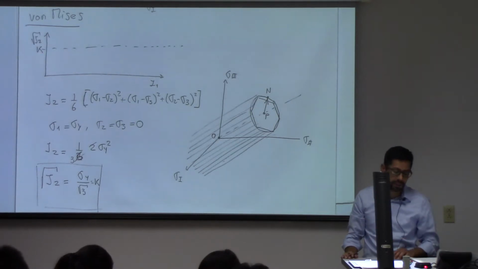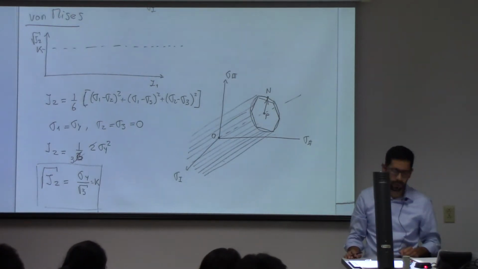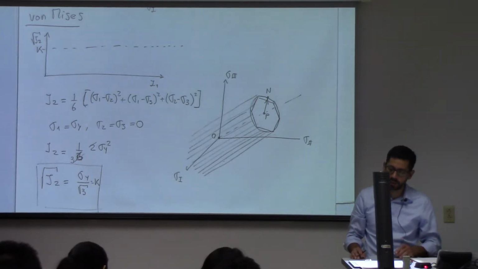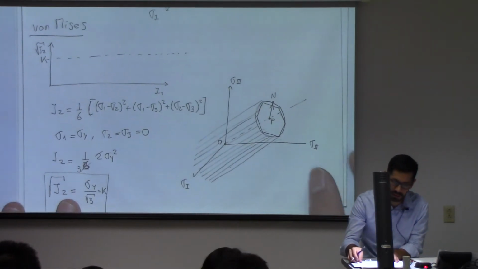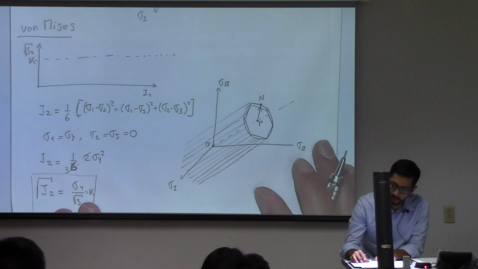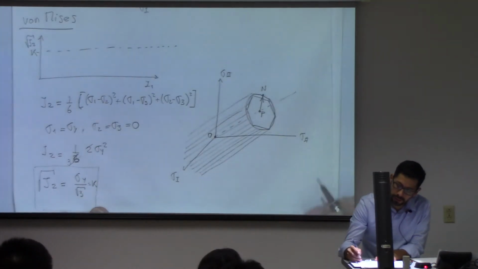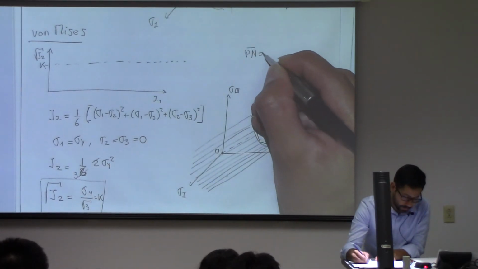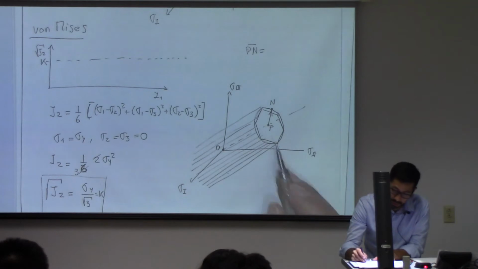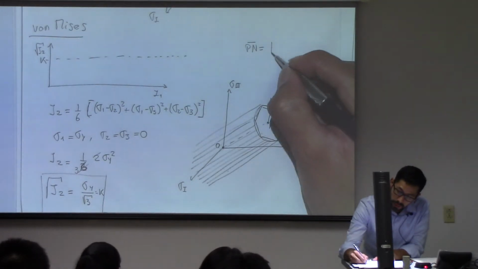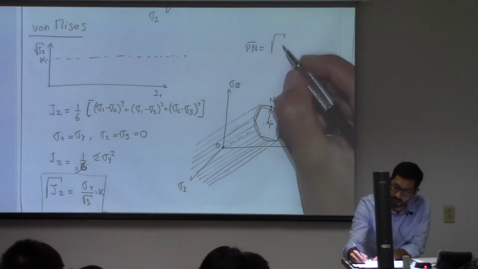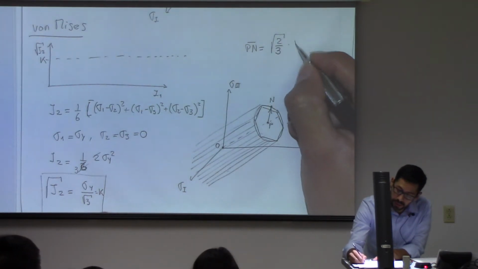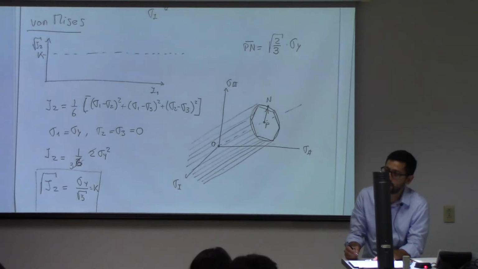This is just geometry. Actually, yesterday I was playing like an hour with this problem because I couldn't figure out the right equations, but finally I did. But it's just geometry. The distance from P to N, that's going to be equal to the radius of the circle, and according to the von Mises criterion, that's going to be the square root of 2/3 times the yield stress.